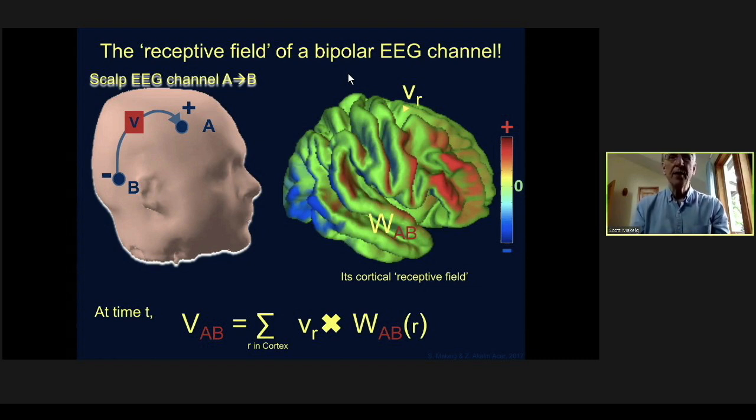And you multiply that times the weights that are shown here in color, either positive, zero, or negative weights. So it's the sum over all voxels of the voltage emanating from that voxel times this complex filter function. That gives you the voltage at time t.